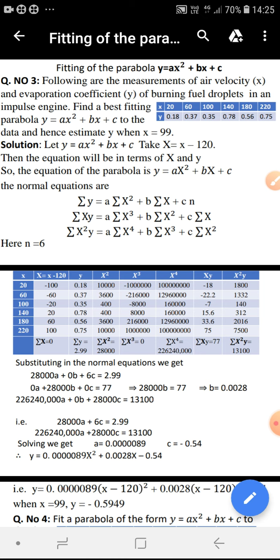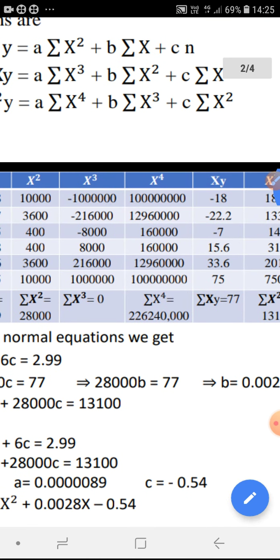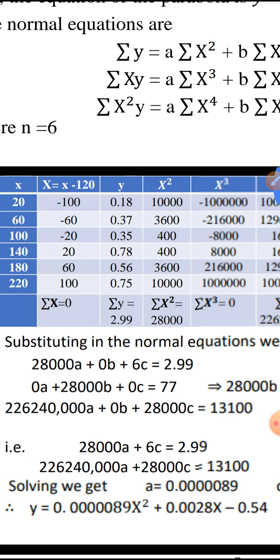So for these small x values, we need to calculate capital X values, which are small x minus 120. So draw the table. First column small x values, then second column capital X values, which is small x minus 120.